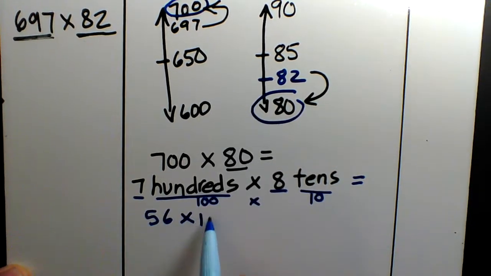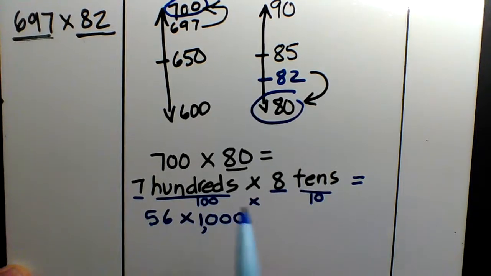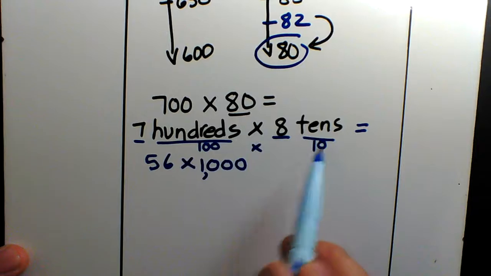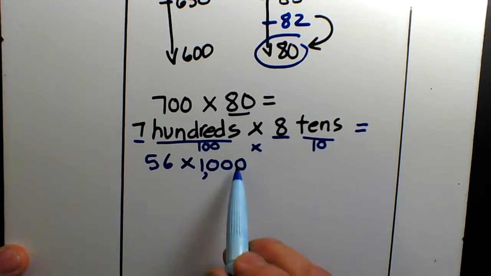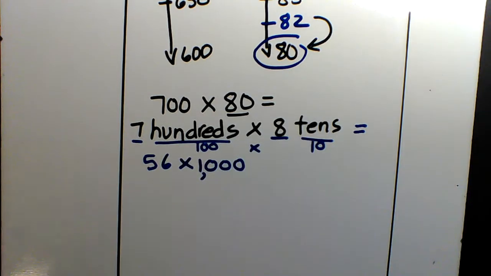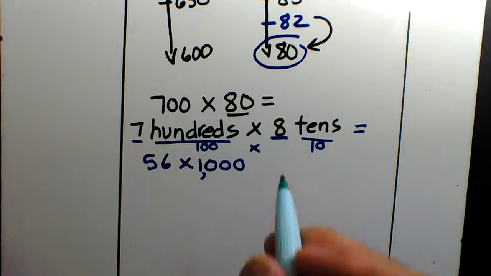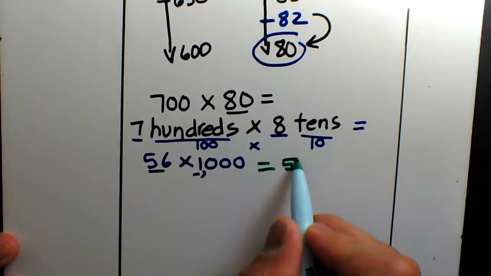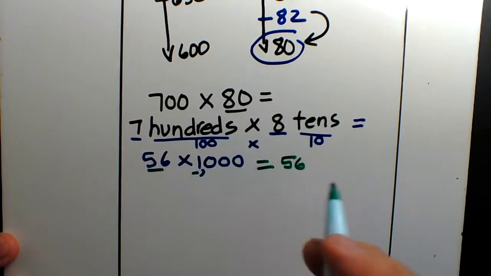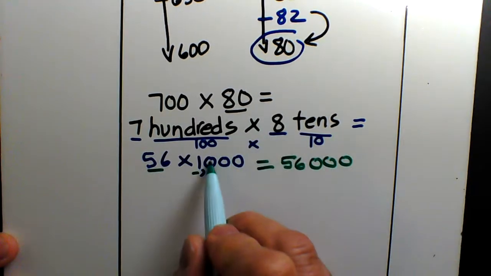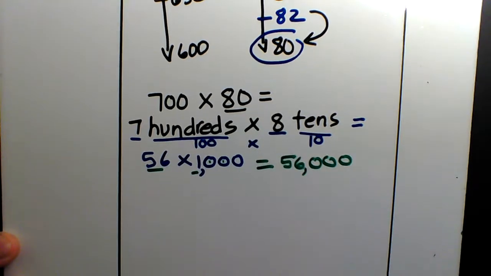So it's going to be times 1000. And just to be sure, if you look at the zeros, you have 1, 2, 3, and the product has 1, 2, 3. So far so good. Now when we multiply this, it's going to be 56 times 1000. Times 1000 will be how many zeros? 1, 2, 3. And that will be your answer.